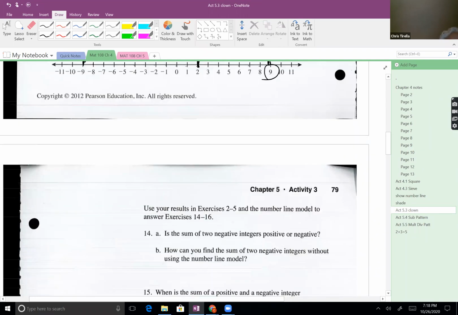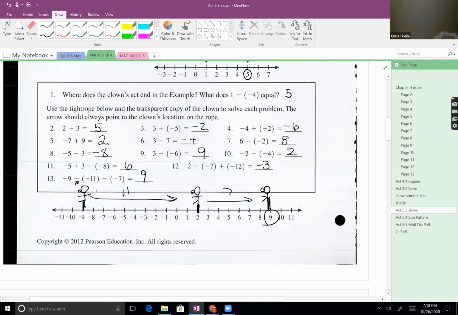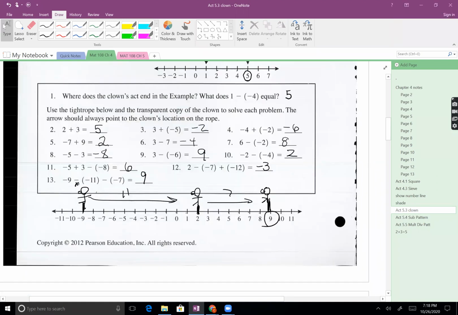So is the sum of 2 negative integers positive or negative? When you added 2 negative numbers, positive. When I took a negative number and added a negative number, let's see, that would be like number 4, right? Negative plus negative is negative.